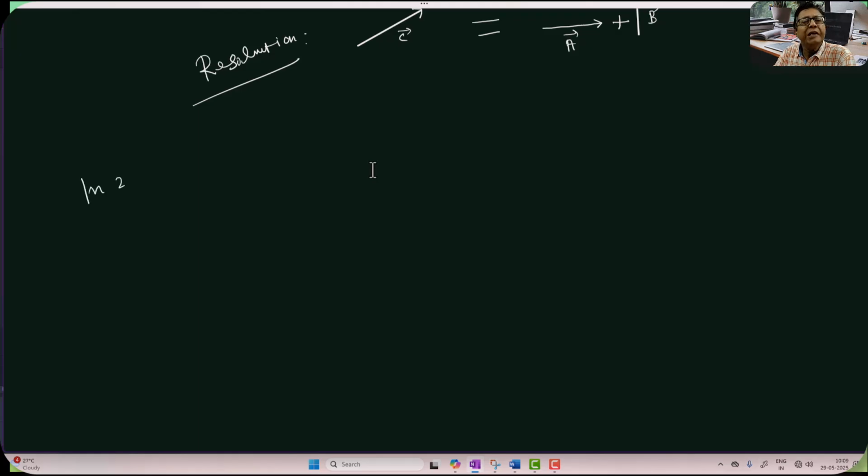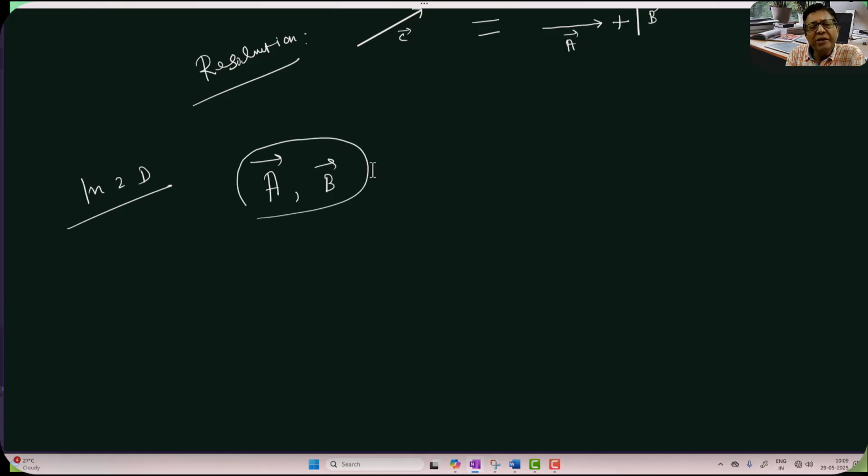Now, if any vector is there in 2D, you take a vector A, okay? Two vectors A and B are also there, but it is better to take those two vectors as two components here. I am showing you that we have taken the resultant as the vector C, that I am showing you in the diagram. Let us do it by parallelogram law.